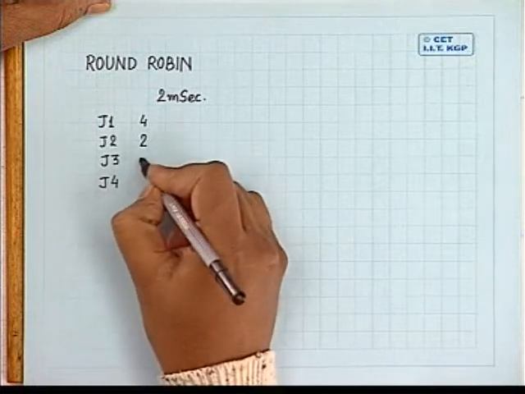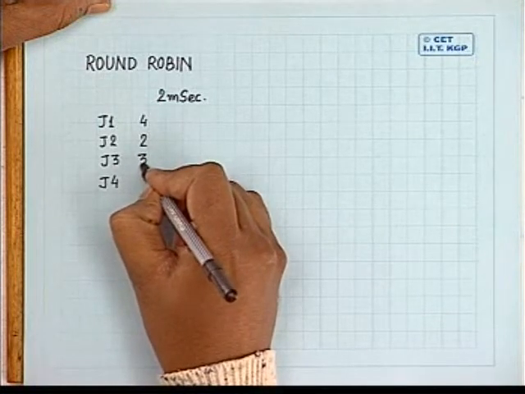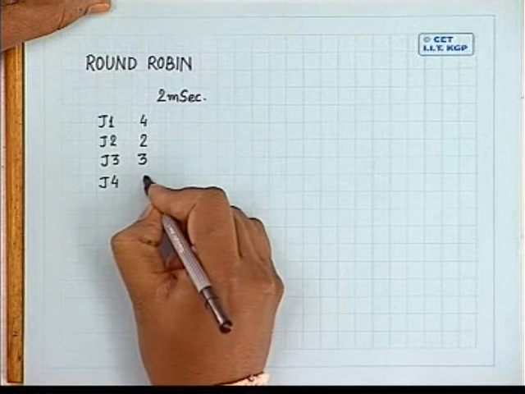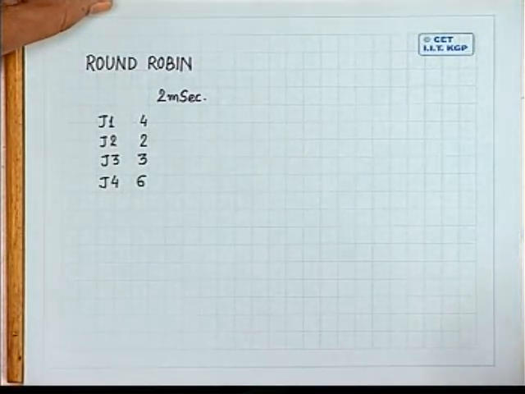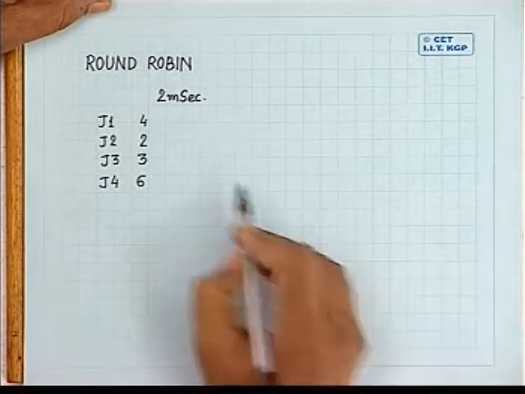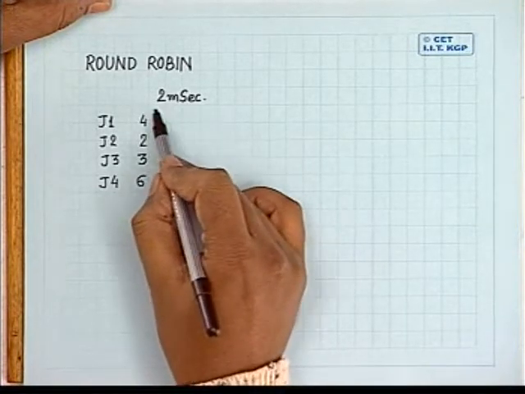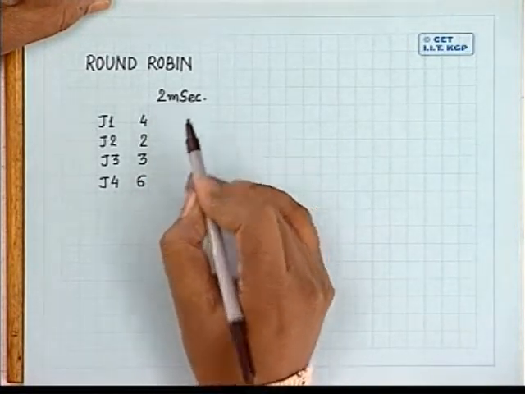Job J3 may take 3 milliseconds, and job J4 may take 6 milliseconds. Now let us see how the round robin scheduling will work on this sequence of jobs. Our assumption is that the CPU time quantum is 2 milliseconds.